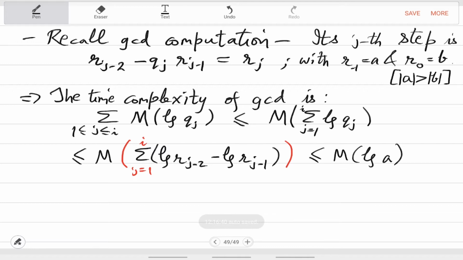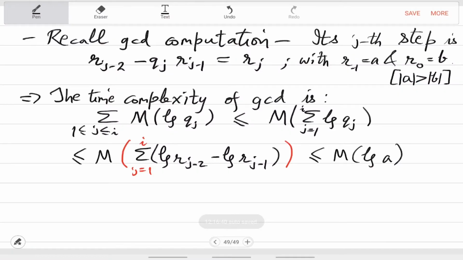For that approximate division, you use Newton iteration. That will give you Qj, and once you have Qj, you will get the exact Rj. Those things I have combined in this big M of log Qj. Some constant multiples may have to be introduced, but ultimately it comes out to be soft O of log A.